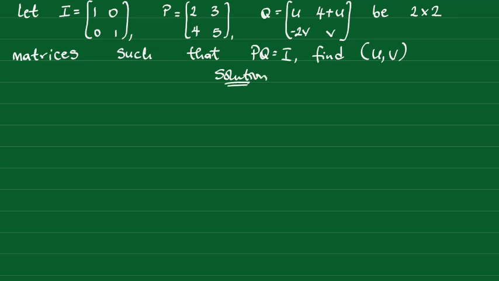Next, in looking for our value for UV, we know that this operation involves multiplication of matrix by matrix, and in carrying out such operation, we multiply rows by column.